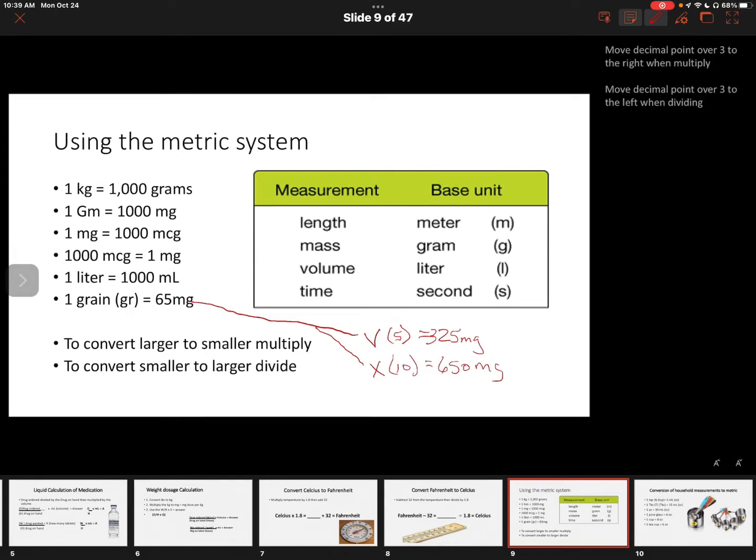We're going to work on converting larger to smaller and smaller to larger. For example, this 1 gram is larger than milligrams.